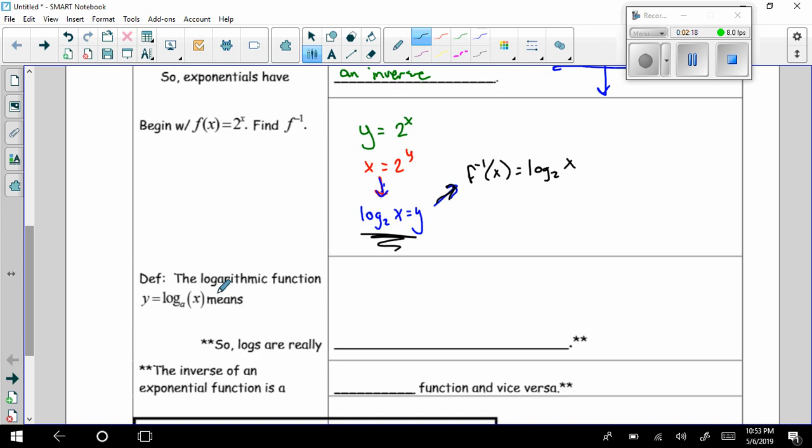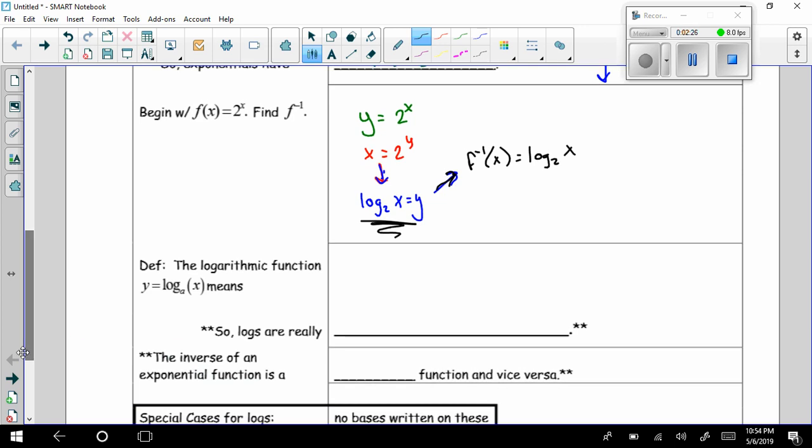Okay. So it's a logarithmic function. We're going to just say log function, and on your calculator it will be the log button. And then just note how to read this.